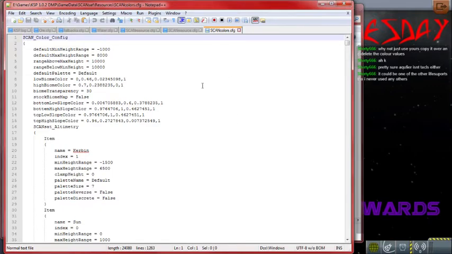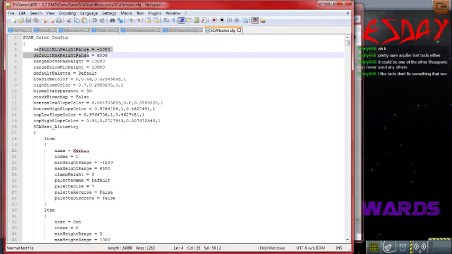So, what can we deduce from the config file? Right, first of all, those two there is the tolerance for scanning, by the looks of that, which is 10,000 above or below.